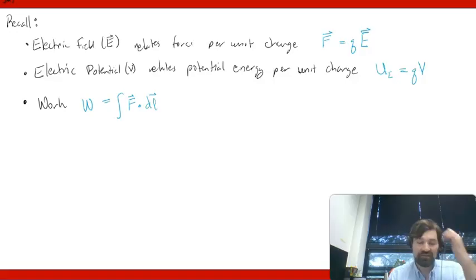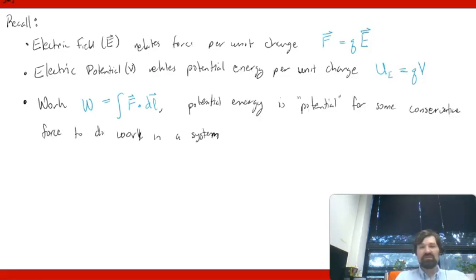All right, so that's how you get work. It's the integral of force times displacement. And you can use this operational definition, potential energy is potential of some force to do work, so that you might write that U is equal to negative of the integral of F dot dl.